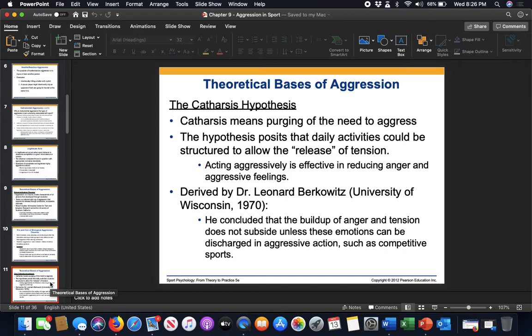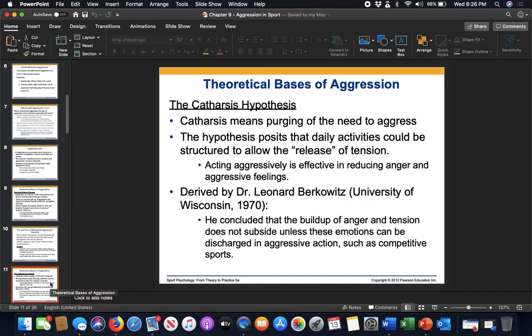Then you have the catharsis hypothesis, where there's this need to purge. I know they have all these joking, horrible, dumb movies that you see. Some people like them, whatever, but basically they have this one day of the year where you can purge and do whatever you want to do, and by doing that purge, you're going to release all of that aggression and anger and hostility that you feel.